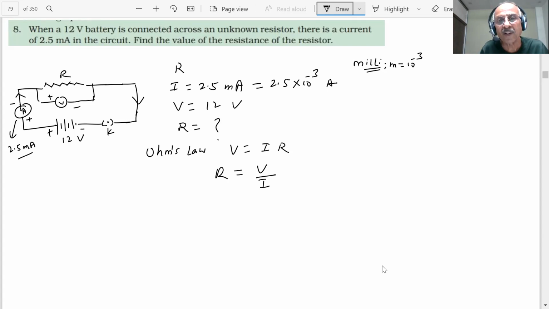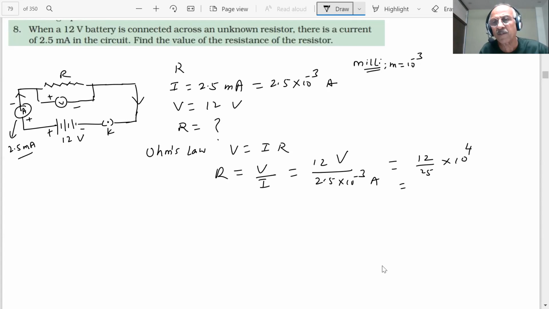Then what is the answer coming? How much is the answer coming, student? 12, 25, 10 power 4.